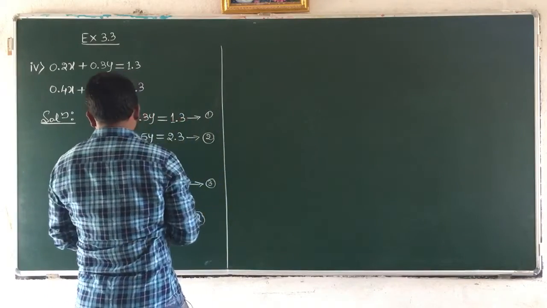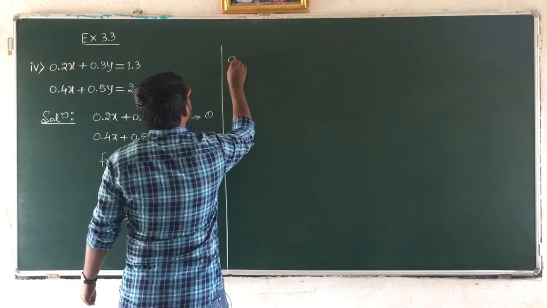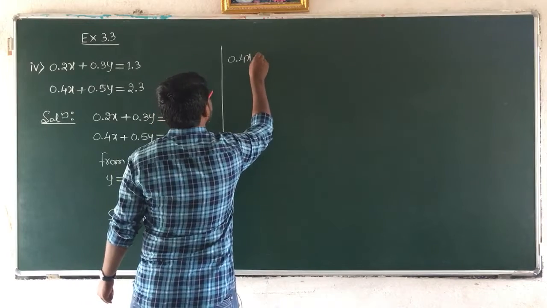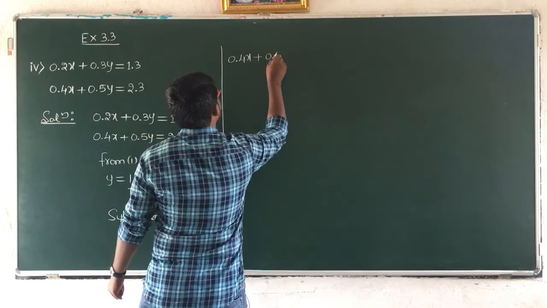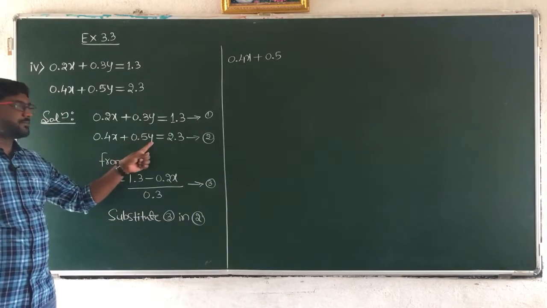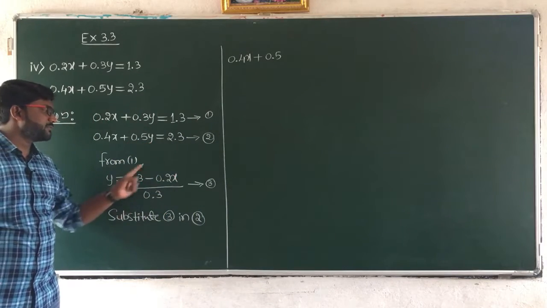So, now see here: 0.4x plus 0.5, write it as it is. In place of y, I have to write this particular term.